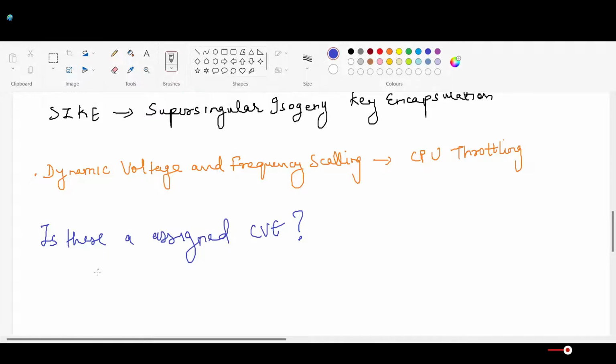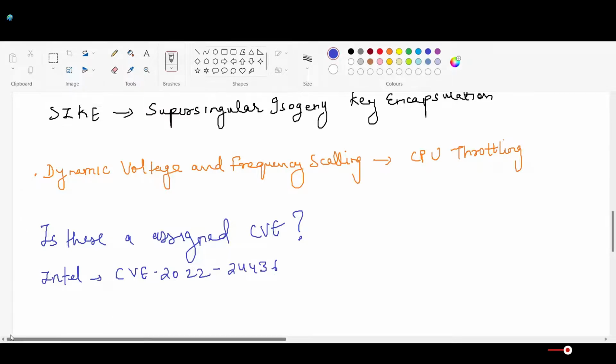For Intel, the CVE ID is CVE-2022-24436.